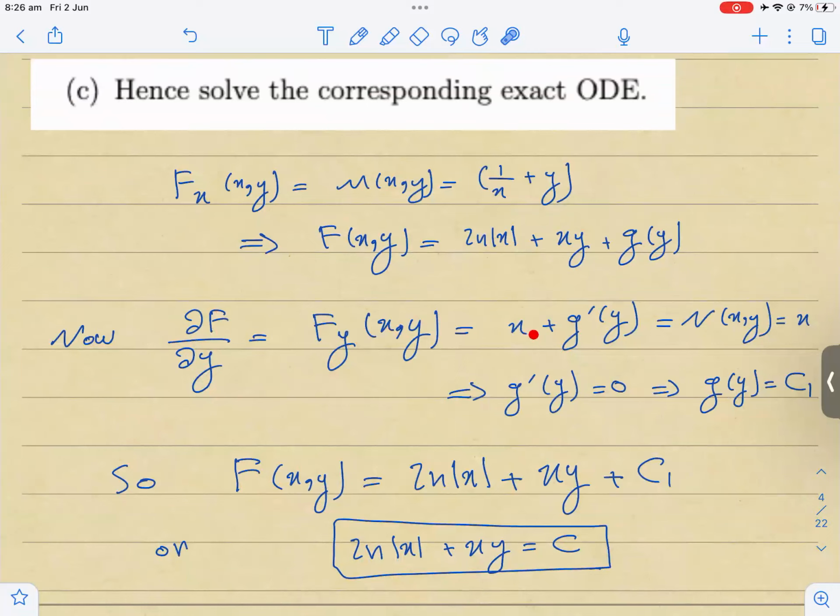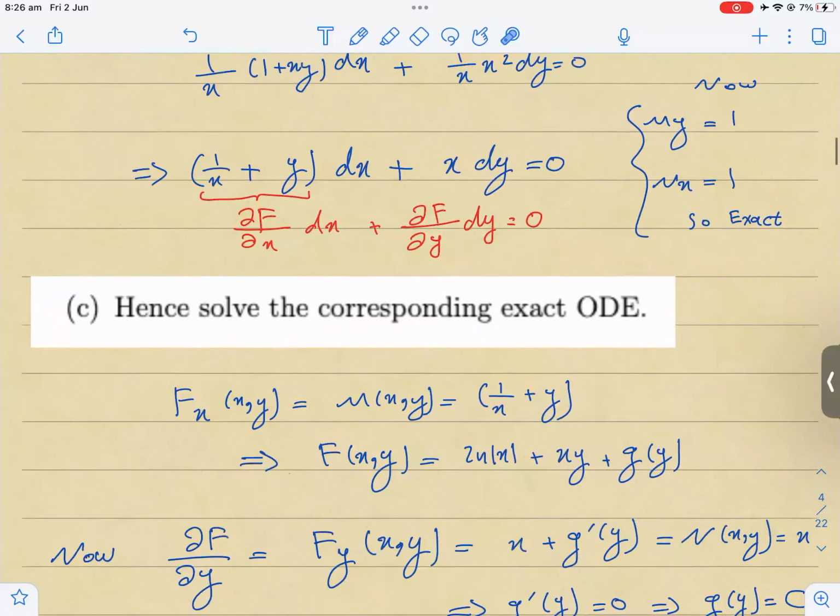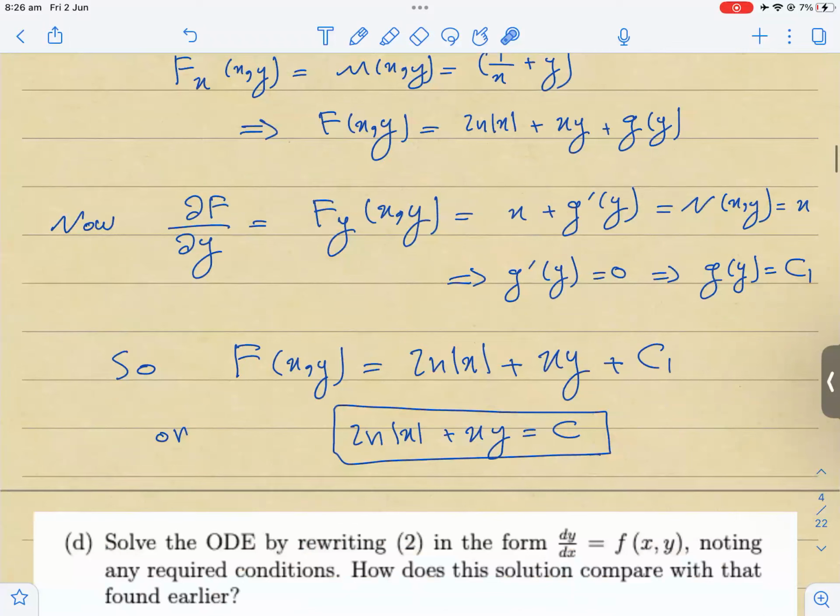I take a derivative of this guy in terms of y, so this is x plus g prime y. But del f del y is equal to x. So I put it equal, it's the updated version, x. Cancel, g prime y is 0, g(y) is c1. So f is equal to this guy plus c1, or this equal to c.